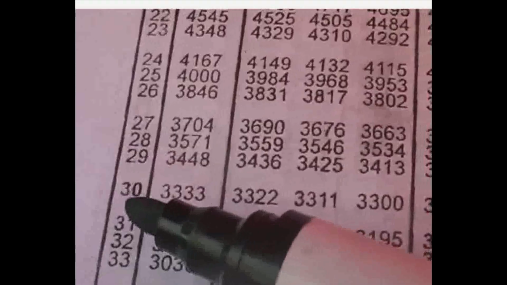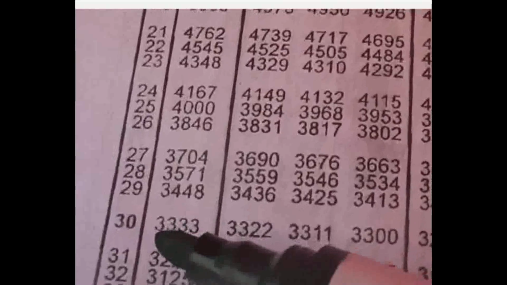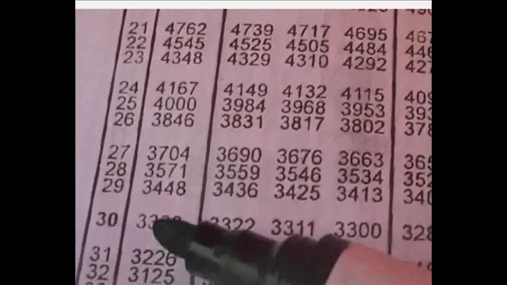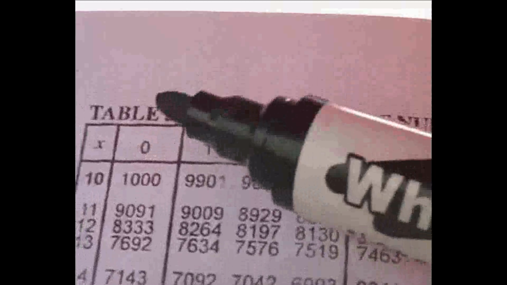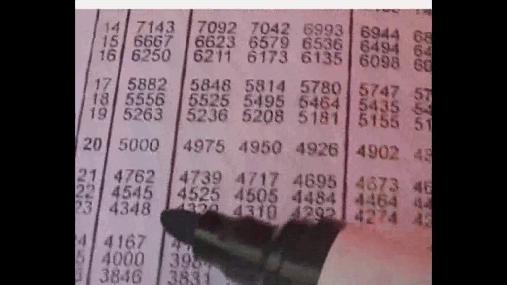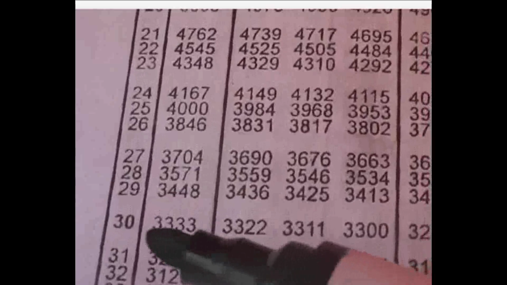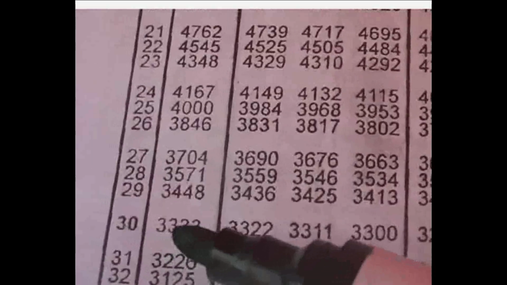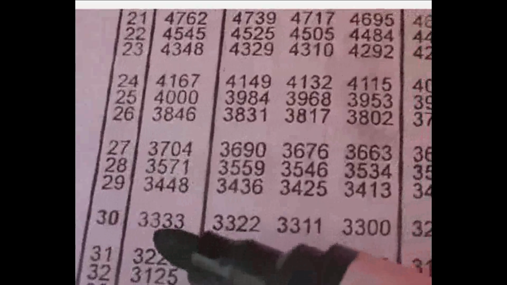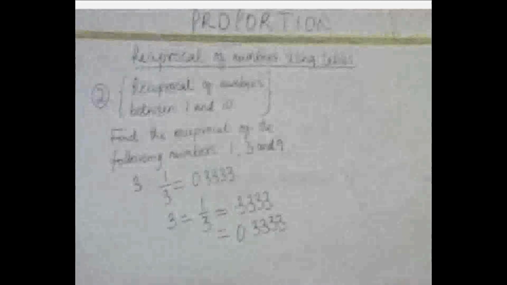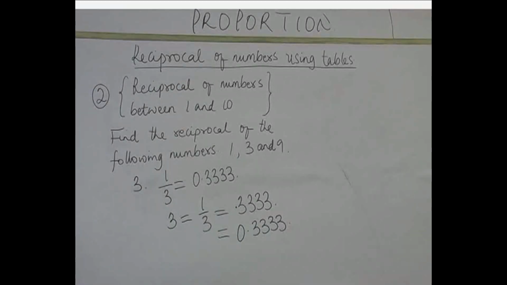Read the value 30 under 0. Remember, this is 30 and it is under the column of 0. So where 30 and 0 met, pick the value that is there. 33, 33. That's exactly the value you saw us putting down on the whiteboard.